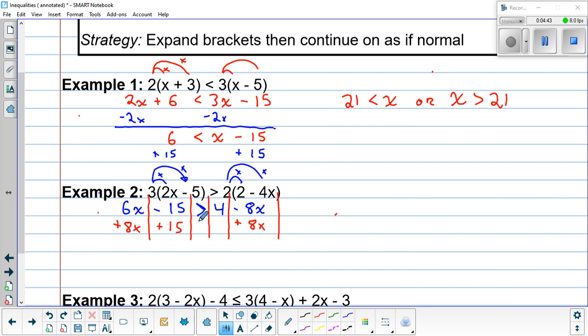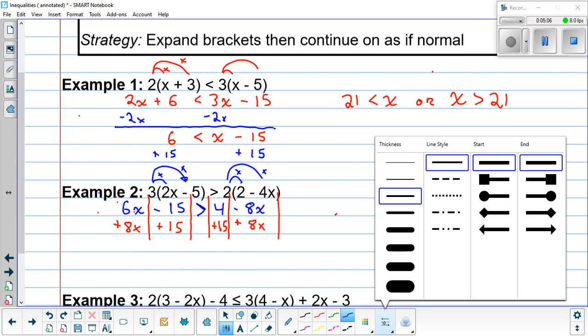Here, we don't touch anything with the inequality sign. But then we have this 4, right? So we have this 4 and this minus 8x. What do we have to do for this? Well, here's where we have to add that 15 as well.